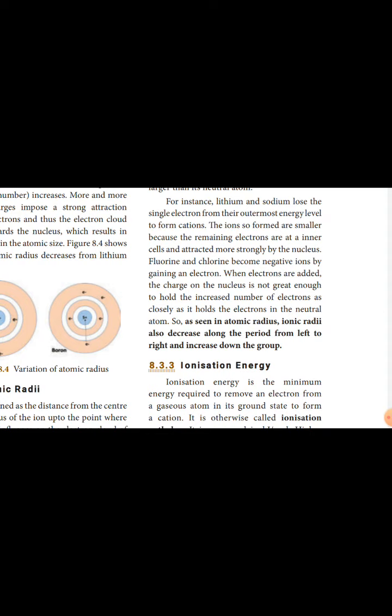There will be no change in the number of protons. Changes take place only in the outermost shell. The electrons are lost or gained in the outermost shell. So during the formation of an anion, electrons are added to the valence shell, and there is no change in the number of protons.